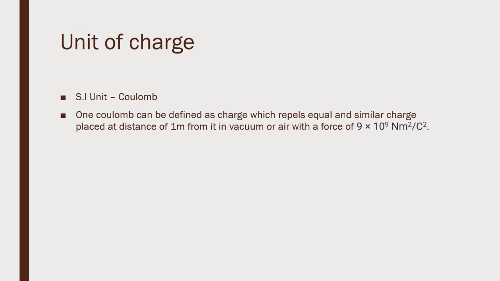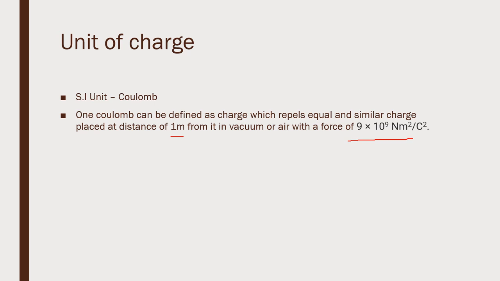We are aware the SI unit is coulomb, and we can also define 1 coulomb. It can be defined as the charge which repels an equal and similar charge placed at a distance of 1 meter from it in vacuum or air with a force of 9 into 10 raised to power 9 Newton.